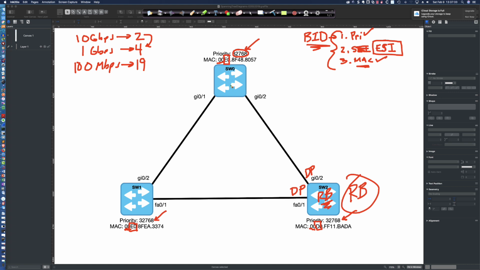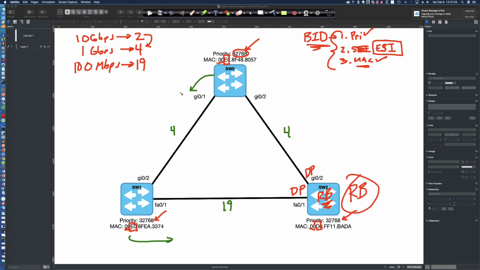Root ports are going to be green. So I look at switch 0 and I say, if I go this way, and then I've got to come to switch 1 and then swing around through switch 1 going this way, my cost is going to be 4 for gigabit Ethernet. Make sure we get that right. And then 19 for fast Ethernet and 4 for gigabit Ethernet over here.